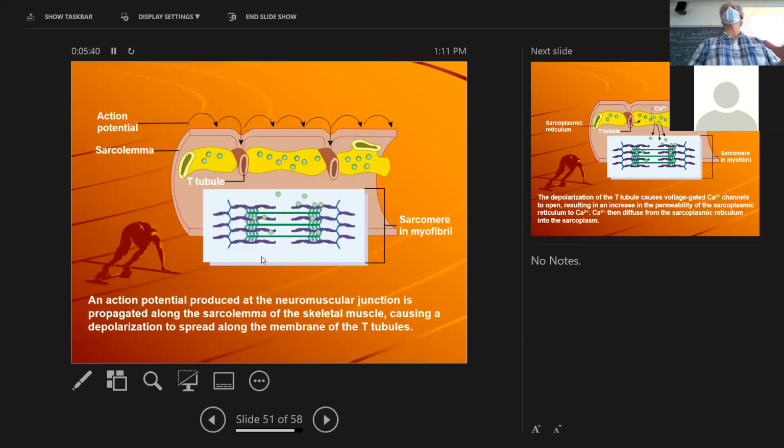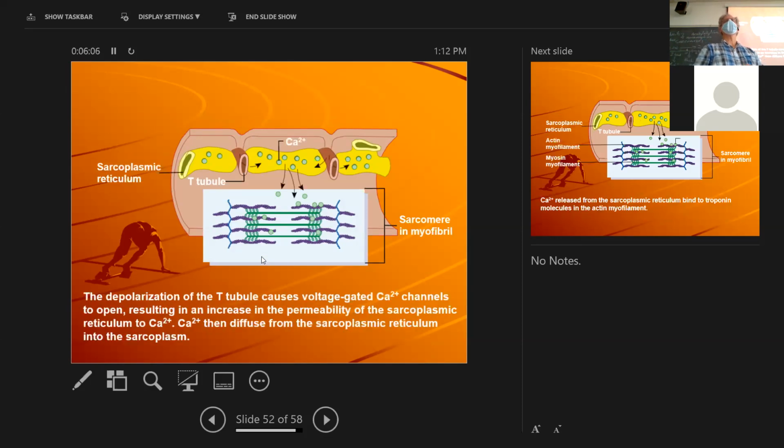So here's this SmartArt. You get a local depolarization at the motor end plate membrane. That then spreads because of voltage-gated sodium channels. Those voltage-gated sodium channels, the action potential, the depolarization that they promulgate will go to the T-tubule. From the T-tubule, it goes to the terminal cisternae, and that causes the calcium release channels to open because you've also activated these voltage-gated calcium channels.